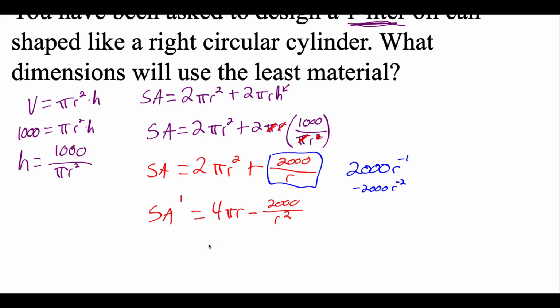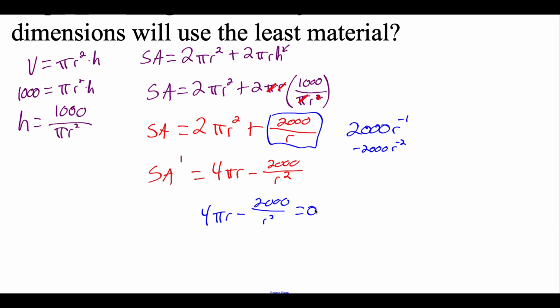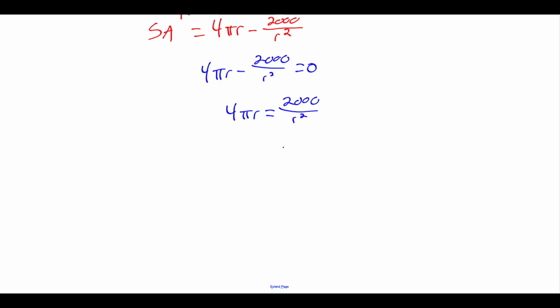Now to find our critical numbers, I'm going to take this derivative that we just came up with, and I'm going to set it equal to 0. I'm going to add this fraction over to the right-hand side. So I'm going to get 4 pi R equals 2000 over R squared. And then I don't like dealing with fractions, so I'm going to take this R squared that's in the denominator and multiply it over to the left-hand side.